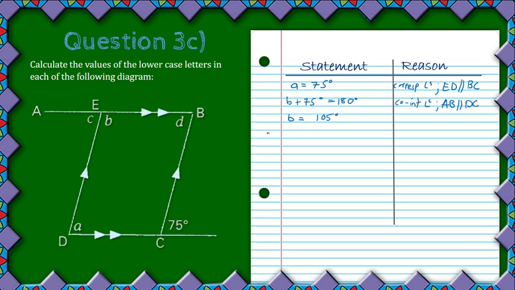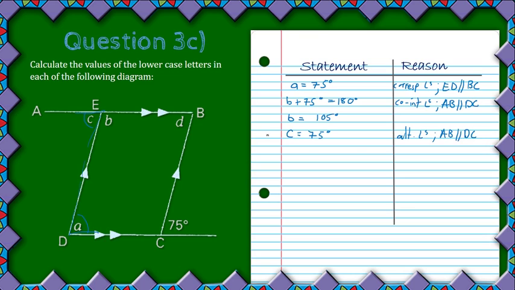Right, moving on. We have B and then C. Now C, this forms a Z with A right there. So they are equal to each other, being alternate angles. So C is equal to A, which is 75 degrees. And my reason, alternate angles where AB is parallel to DC.